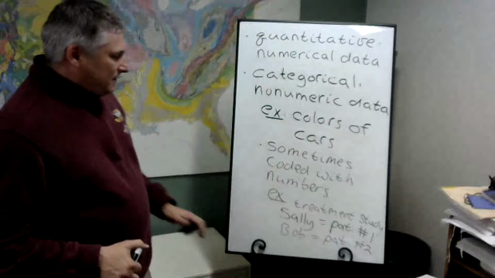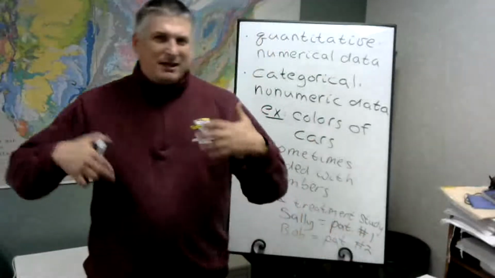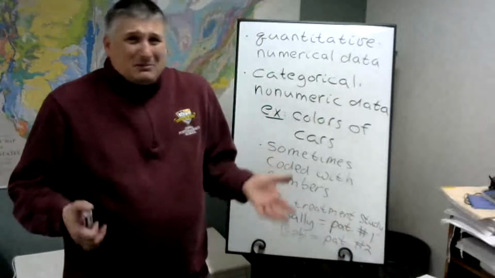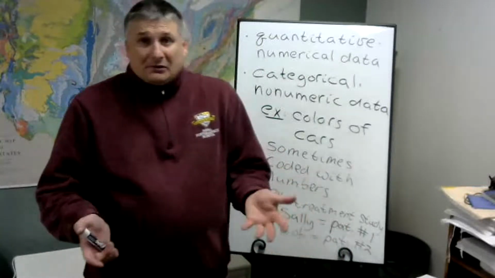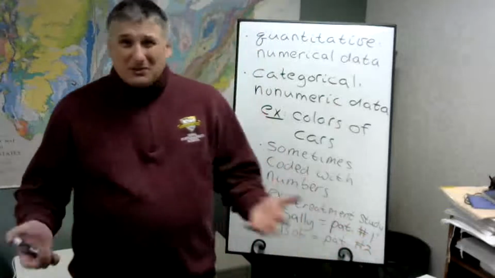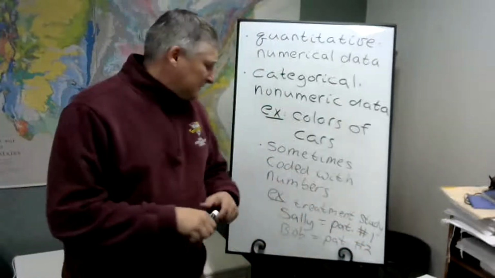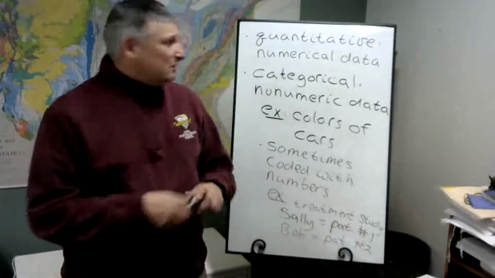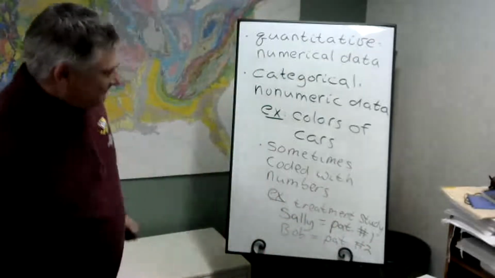But the point is that if you tried to take, say, averages of their identification numbers, it doesn't mean anything. Usually it doesn't. So even though you might have numbers here, it's really still categorical data. An average of these ID numbers could mean nothing.